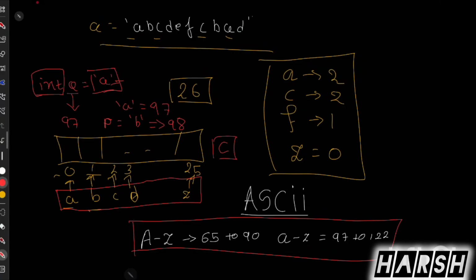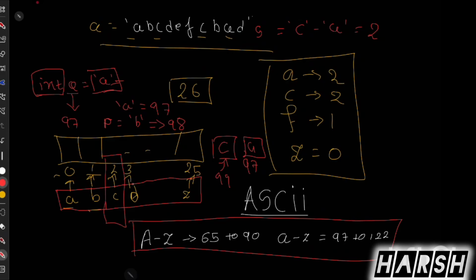In ASCII, my compiler knows that the value of 'c' is 99 and the value of 'a' is 97. So when I do 'c' minus 'a' and store it in another variable, let's say S, its value will be 2, which is the position of c in my array.